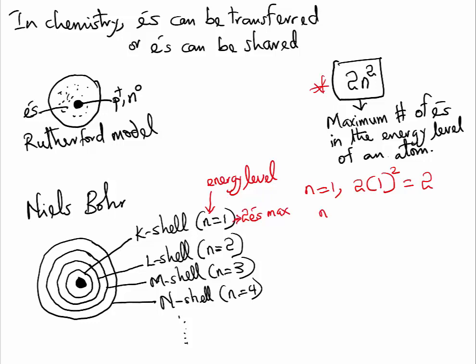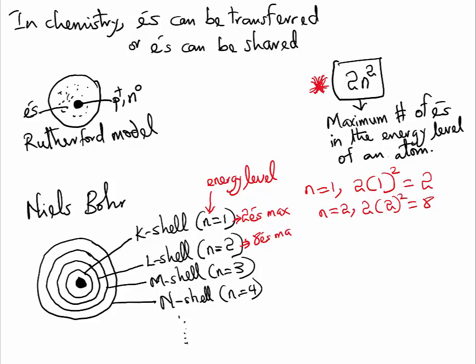If n is equal to 2, plug 2 into the equation and you have 2 multiplied by 2 squared, which gives you 8. What that means is that the L shell, or n equals 2 energy level, can only hold a maximum of 8 electrons.